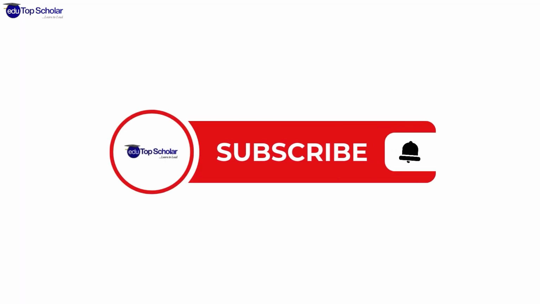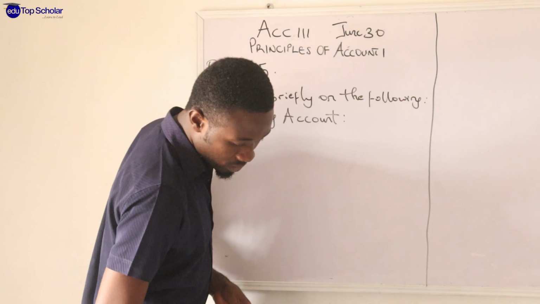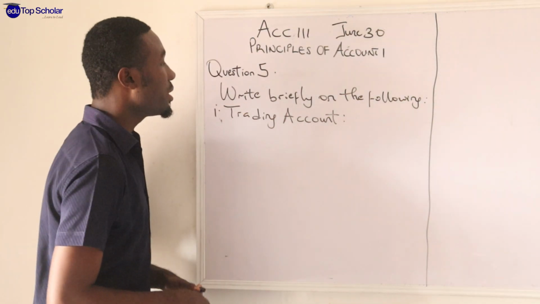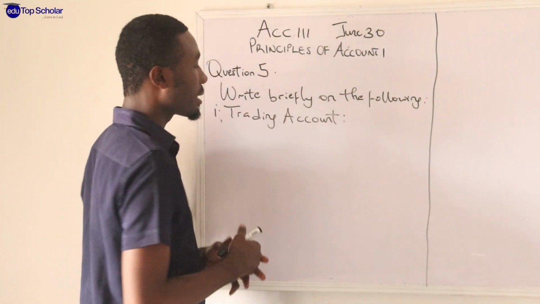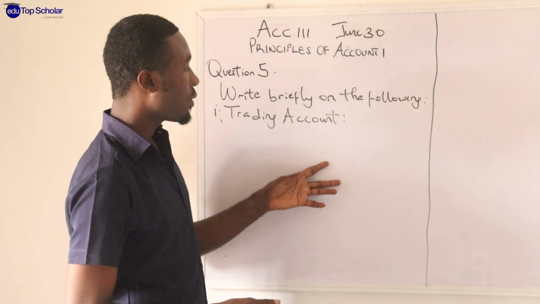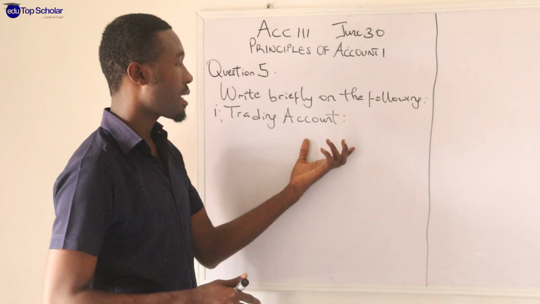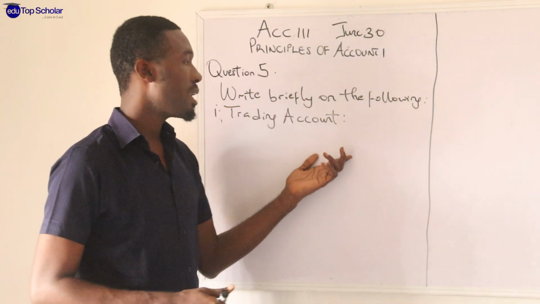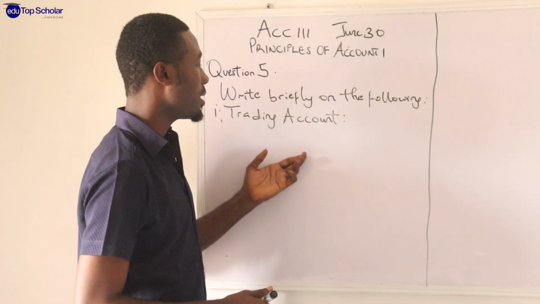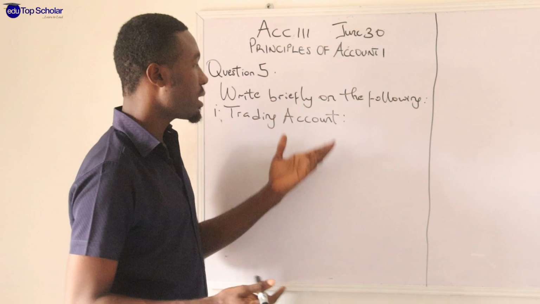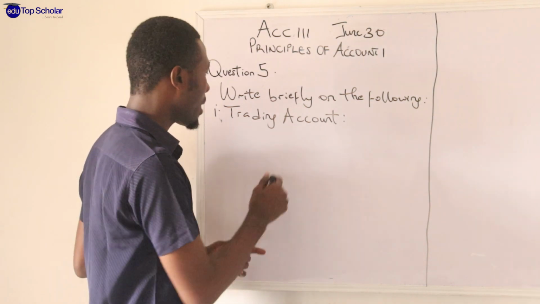So number 5. The number 5 question says you should write briefly on the following. All of these concepts are not new to you, and they are concepts in accounting that anyone who is studying accounting should be familiar with.